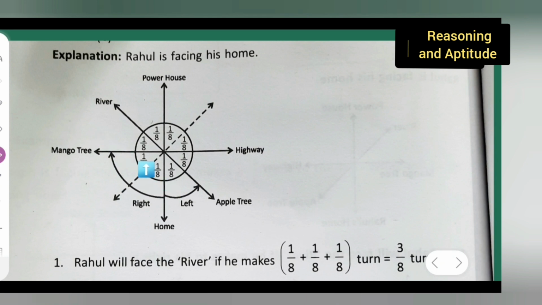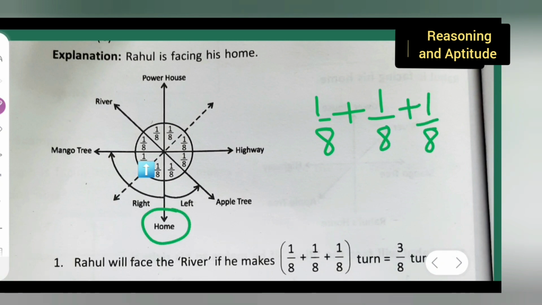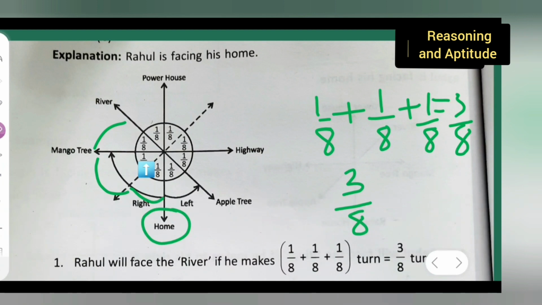So 1/8 plus 1/8 plus 1/8, right? Because he is facing towards his home. So from here to here, from here to here, and from here to here, it will be this. So it will be 3/8, the answer. You are all adding this, it will become 3/8.